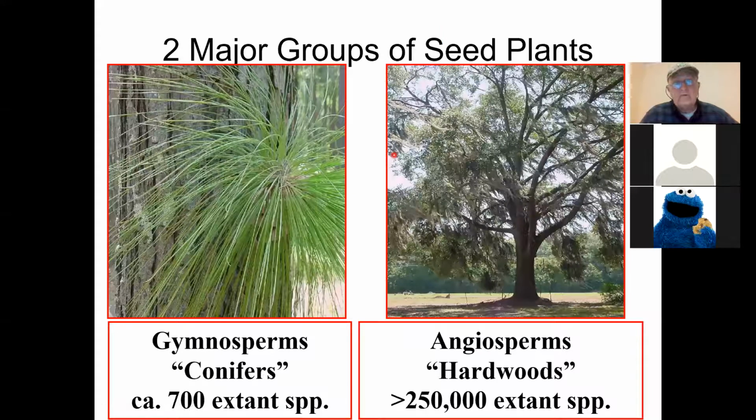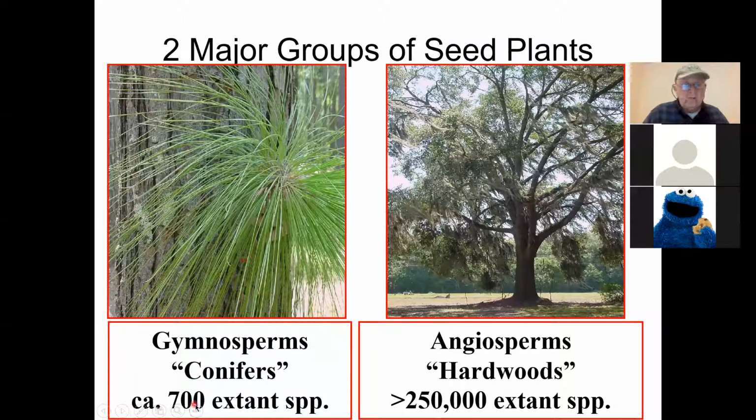All right, quickly here, the two main groups of seed plants, excuse me, are the gymnosperms and angiosperms. Hardwoods is a nebulous term because there are soft hardwoods and hard hardwoods, but generally conifers have softer woods compared to them.